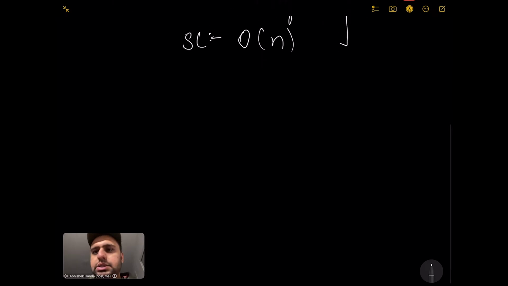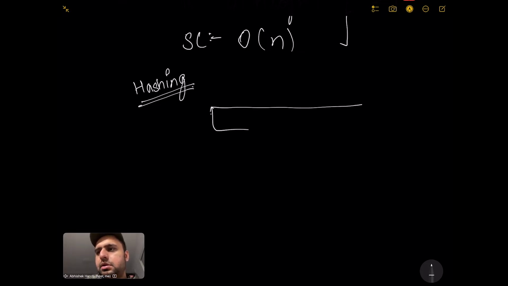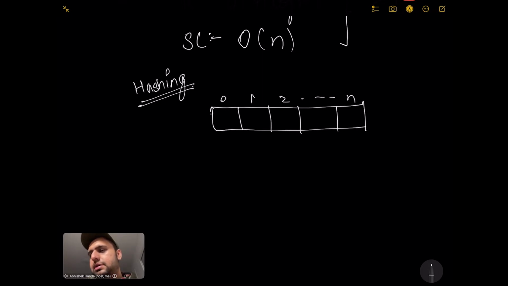So we can do hashing. What we can do is have a simple array, and we can store the frequencies in these places.